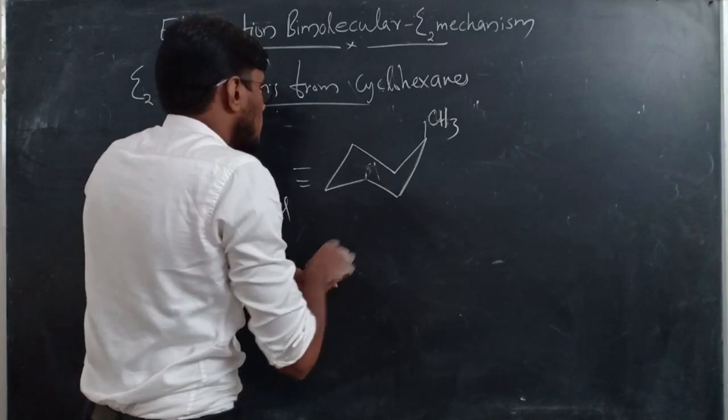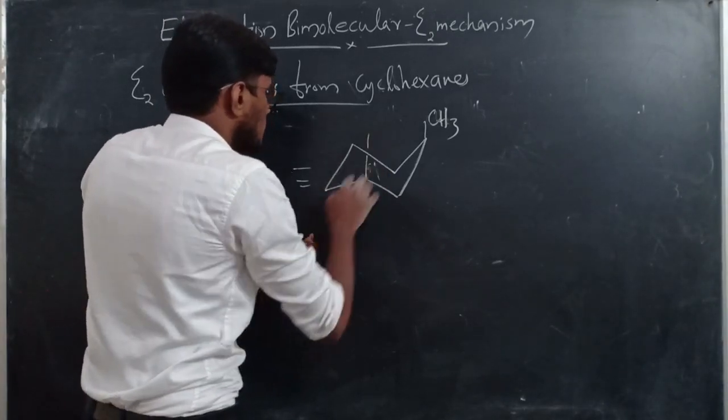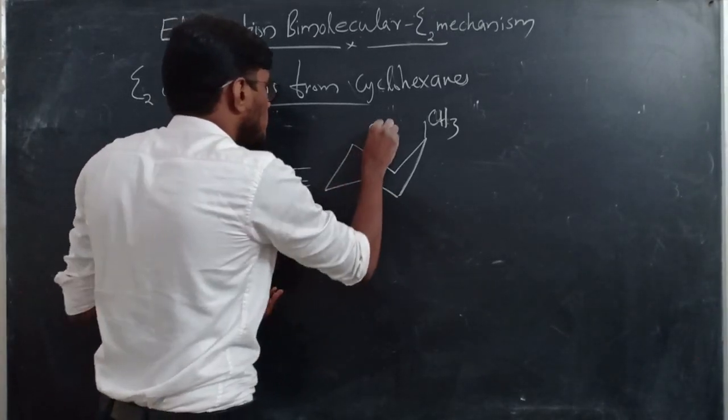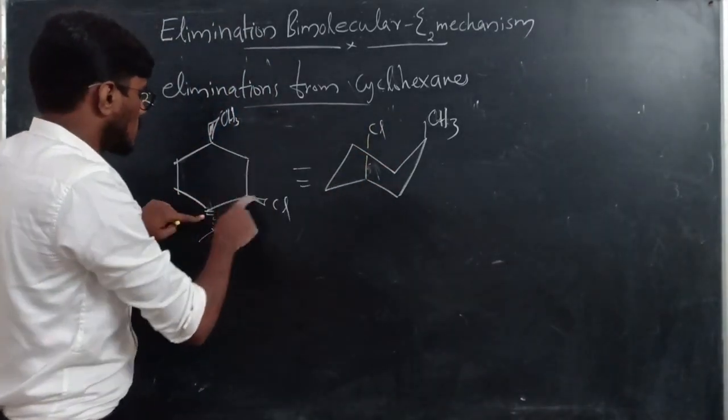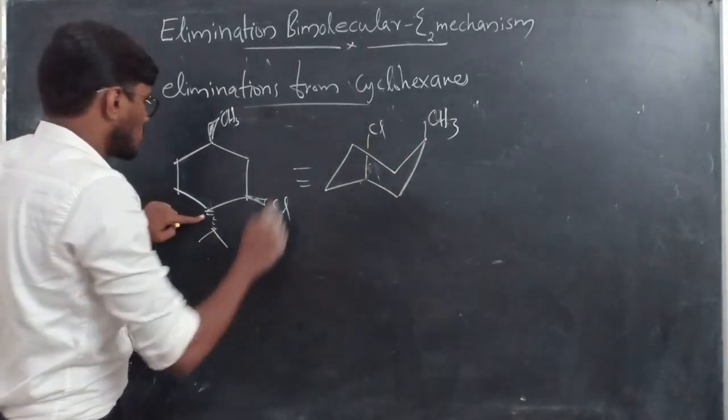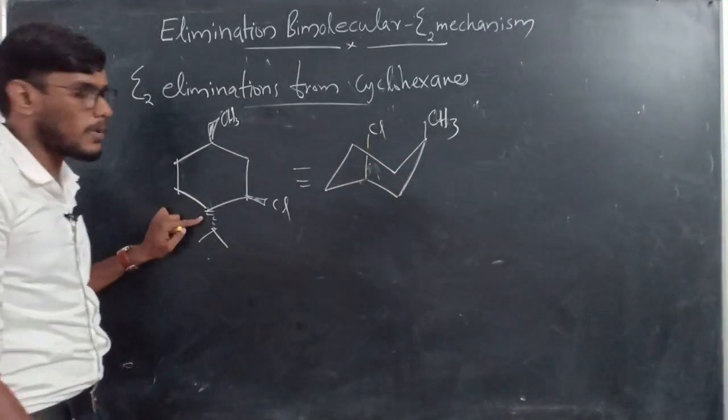Chlorine is in this position, on this carbon. And in the fourth position, there is an isopropyl group.